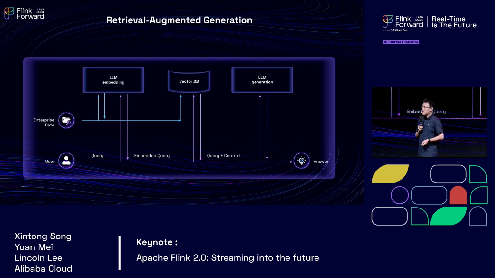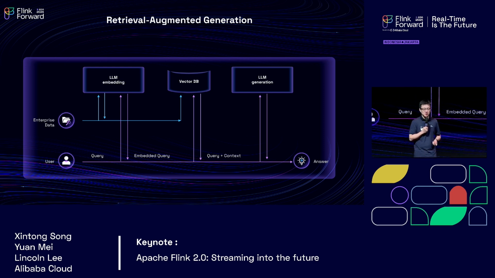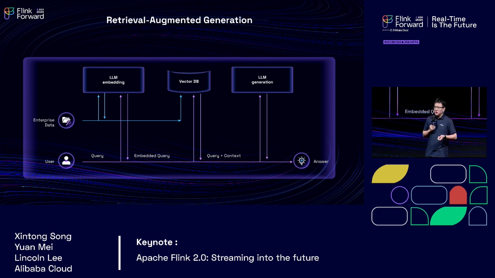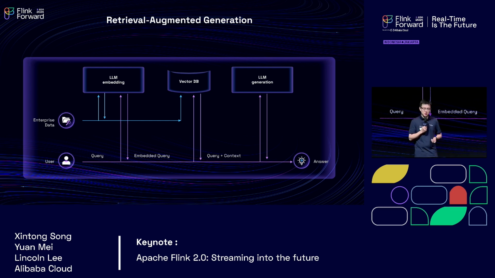Well, the question is, how can Flink help in this architecture? We know that Flink is good at real-time data processing. So the question can be asked differently: is there any demand for real-time data processing in this architecture? Well, I think the answer is yes.